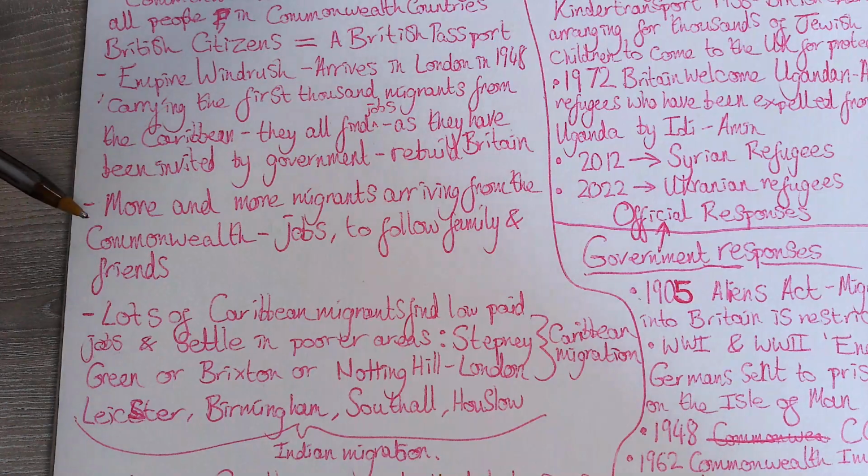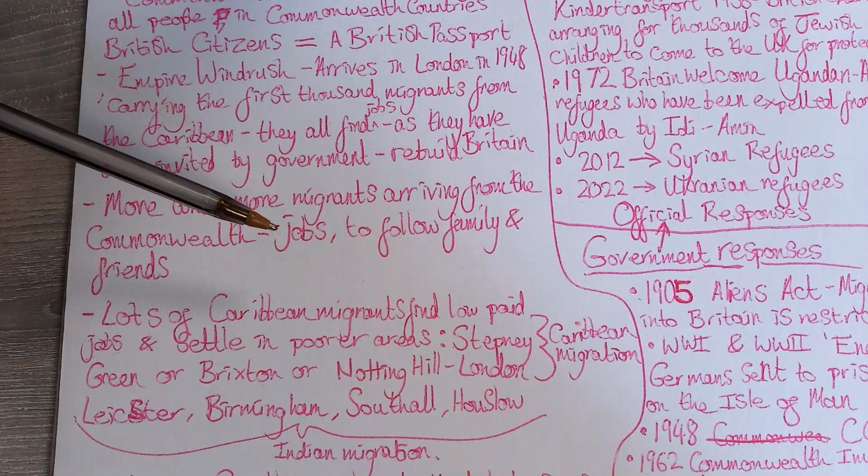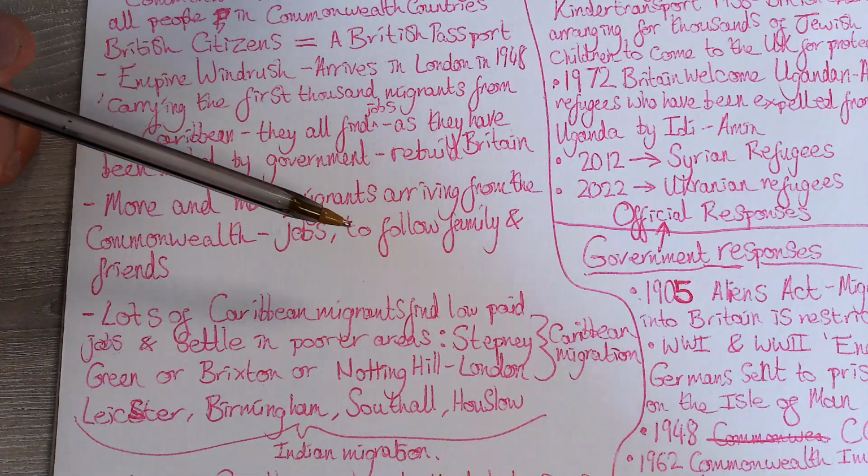Now, after that date, in the 1950s and 1960s, at least in the early part, more and more migrants start arriving from the Commonwealth. They are coming for jobs or to follow their family and friends.